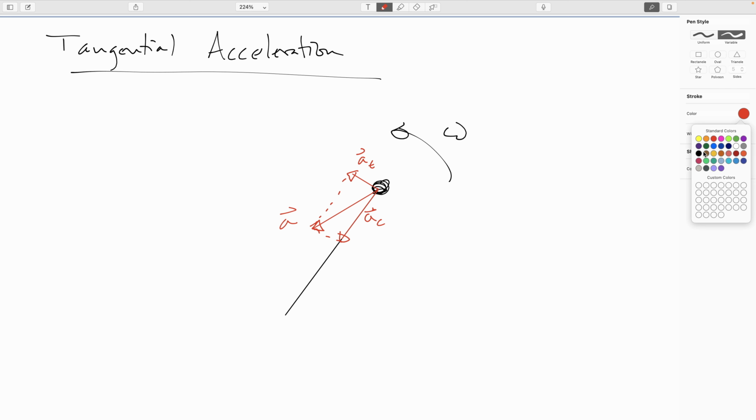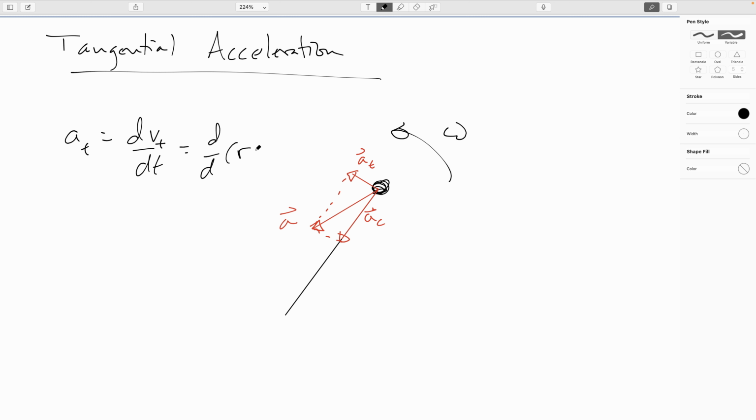Now, how big is this tangential piece? Since it's responsible for changing the speed, the tangential piece will be equal to dv/dt, the time rate of change of the tangential velocity. So this will be the time rate of change of the quantity r times omega, where omega is the angular velocity. Since the radius doesn't change, the time rate of change of the product of these will be the radius times the time rate of change of just the angular velocity.